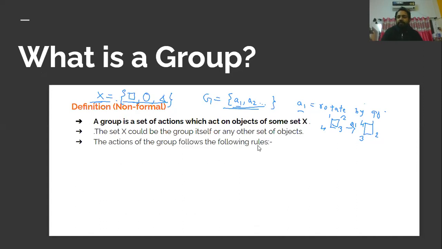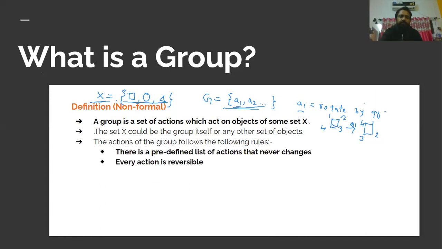The set X could be the group itself or any other set of objects. We'll come to that later. Let us first consider X as a set of objects, like a set of shapes or a set of 3D shapes or anything else, depending on what kind of action is appropriate for it. The actions of the group have some rules.